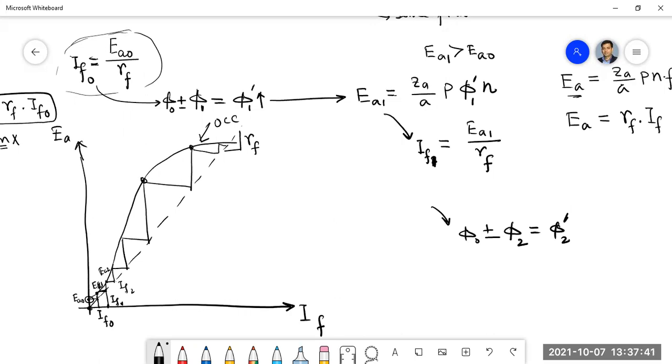I have only drawn a few points. So this is IF3 and this is EA3. This is IF4, EA4. In this way the voltage will build up. But the voltage will not build up after this point.